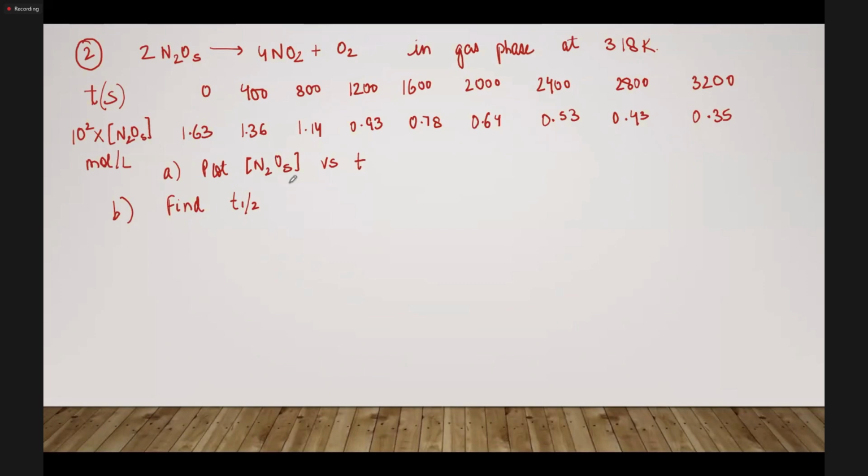They have not given you the order. ठीक है, if you know the order of the reaction, then you can find out the half-life directly from the formula that we had derived using the integrated rate law. But because you do not know the order, and it is an experimental question, you will use this data, or you will use that graph to find out the half-life. Okay, I'll tell you how.